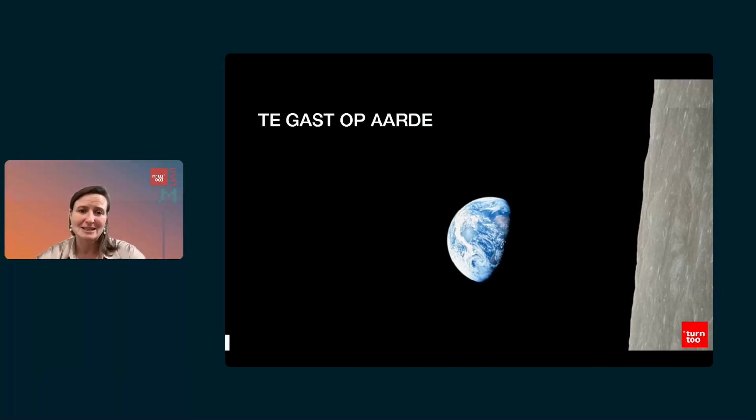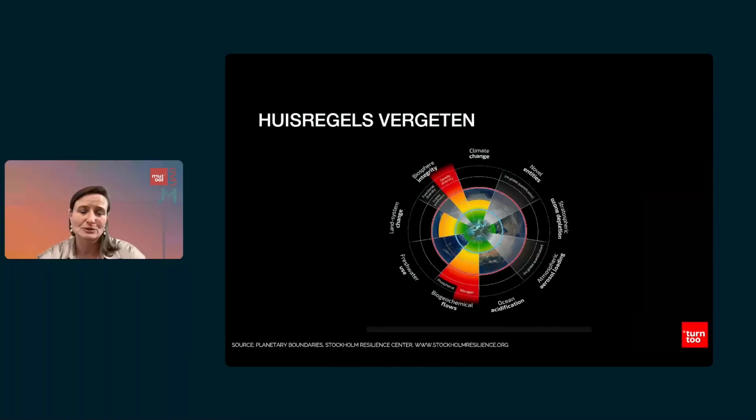As I said, the fundamental attitude is that we are guests on this planet, and what it means is that we have to adhere to house rules when we are guests somewhere. But the thing is, we have forgotten the house rules. What you see in this graph is a model from the Stockholm Resilience Institute, which shows the planetary boundaries we have to adhere to.